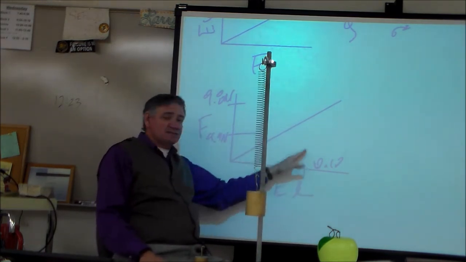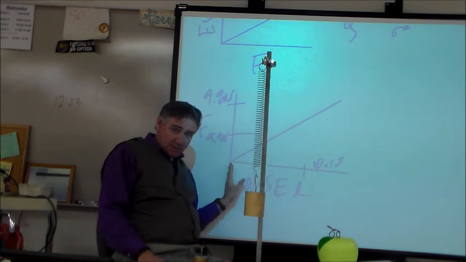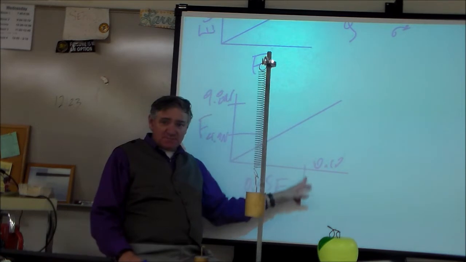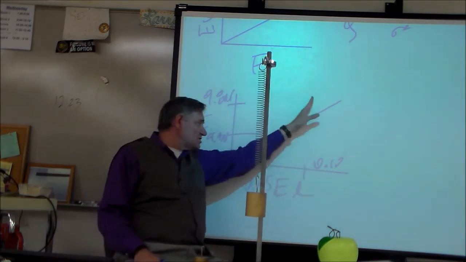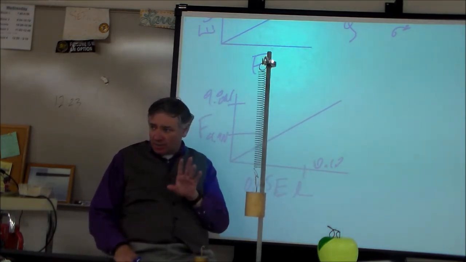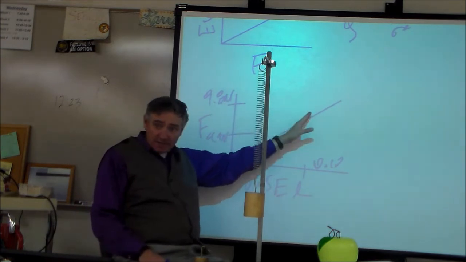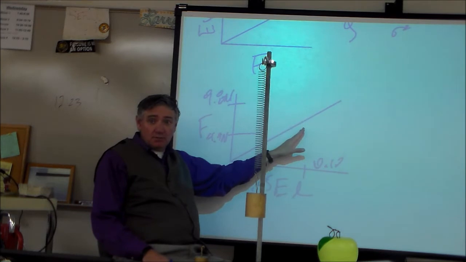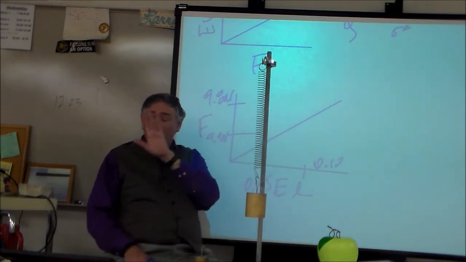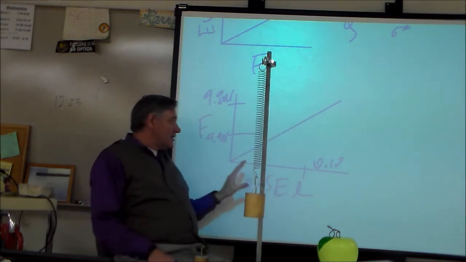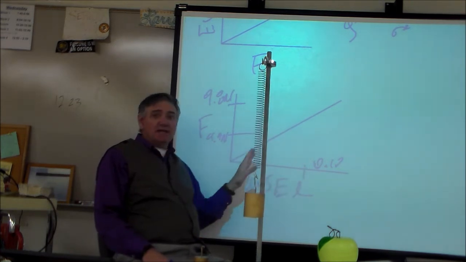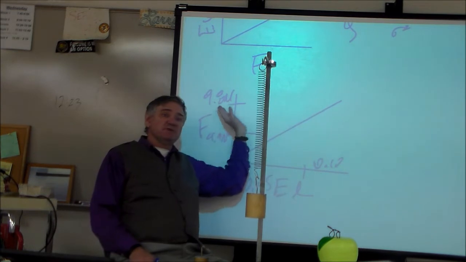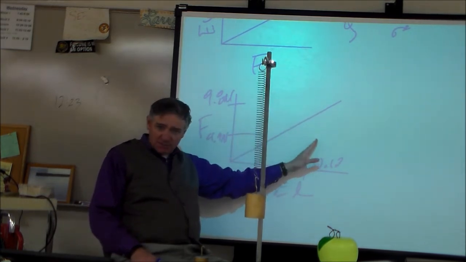With springs, you get a triangle shape. So what we can't do with springs is take force times distance to calculate work, because this isn't a rectangle. But how do you find the area of a triangle? 1/2 base times height. So the area underneath this line is going to get us our work, but we just can't take force times distance because it's a triangle, not a rectangle.